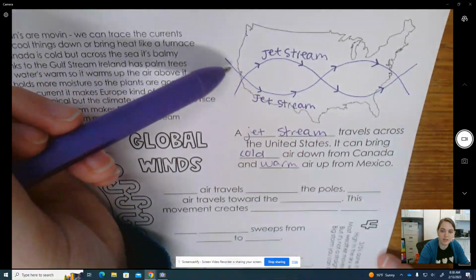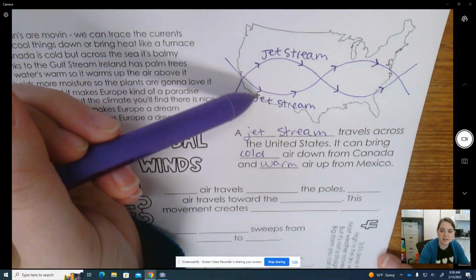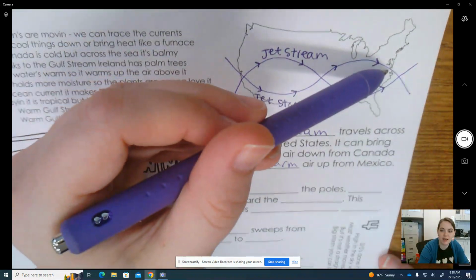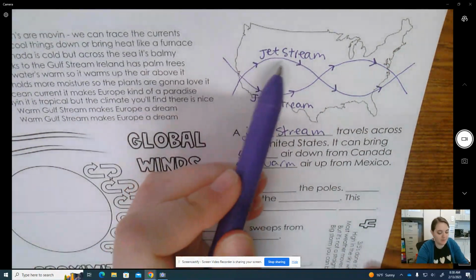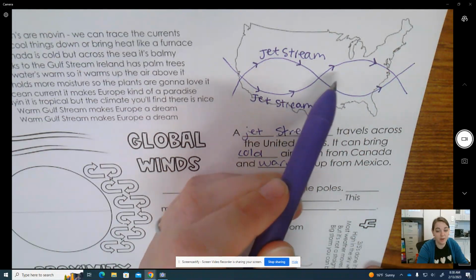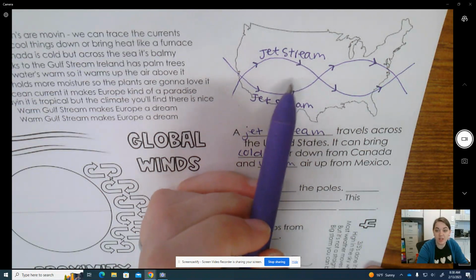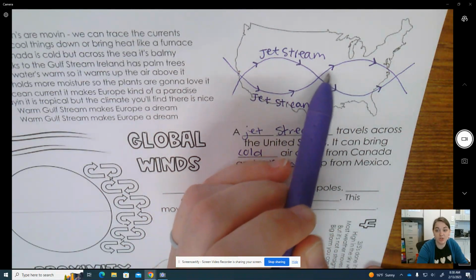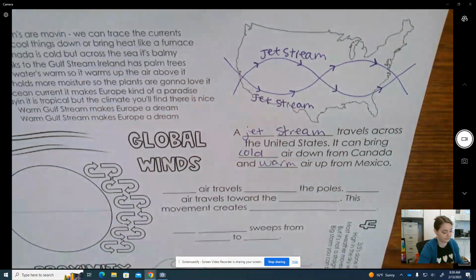But if it goes down like this and then comes up, that means this air is going to come from Mexico and bring it up like that. This is why sometimes you can get cold areas down here during the winter, like cold fronts, because it comes down from here. Sometimes you can get really weird hot temperatures up here because it will come up from Mexico.